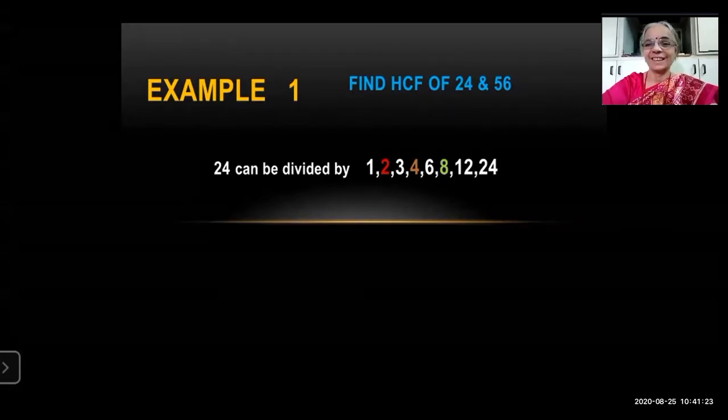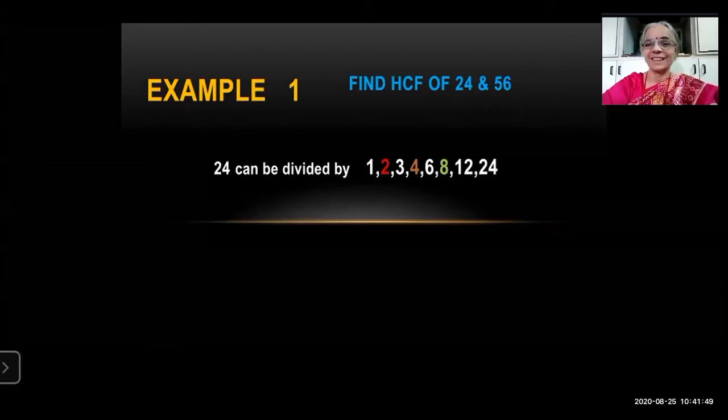How did these numbers come? So, just think about the table. In which table does 24 come? You write down. 24 ones are 24, 12 twos are 24, 8 threes are 24, 6 fours are 24, 4 sixes are 24, again 8 threes, 12 twos, and 24 ones.